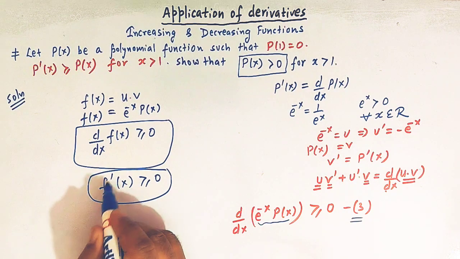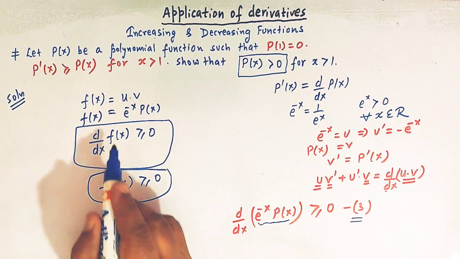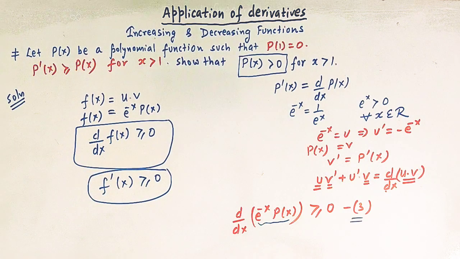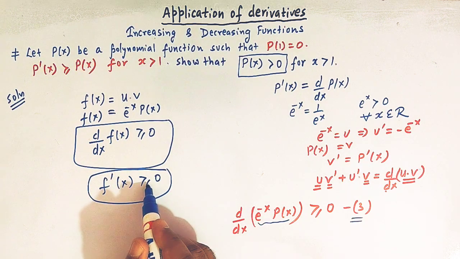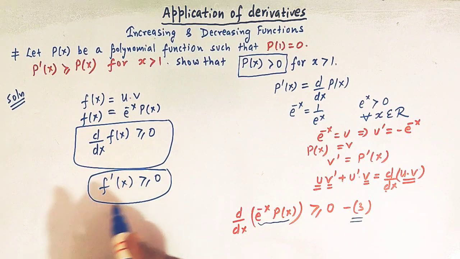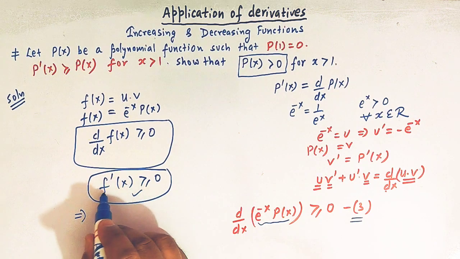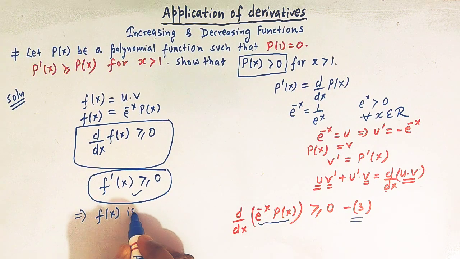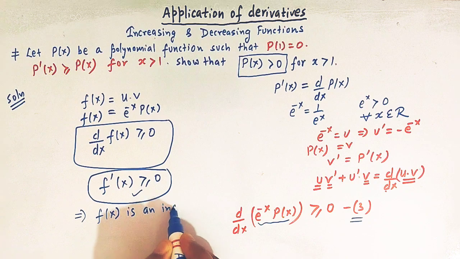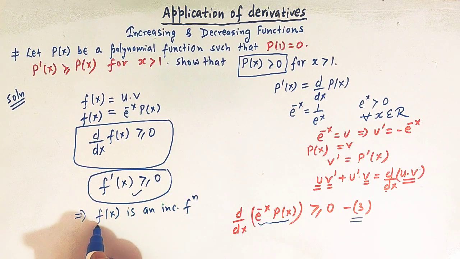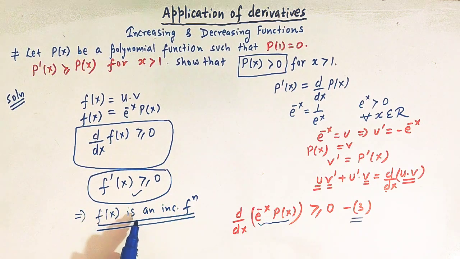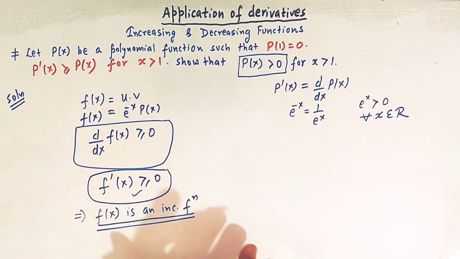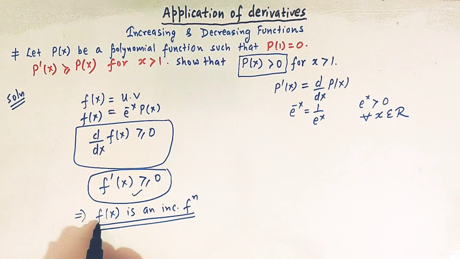So this inequality suggests that f of x is an increasing function, right? So we have proved that f of x is an increasing function.